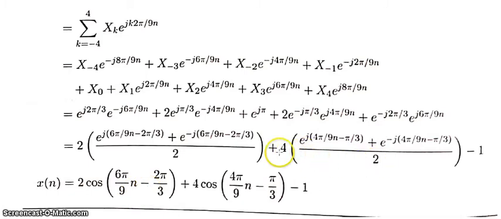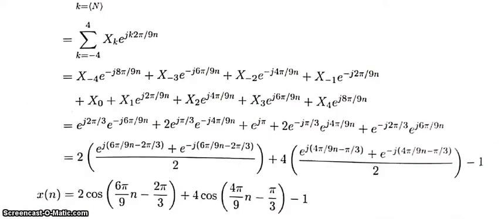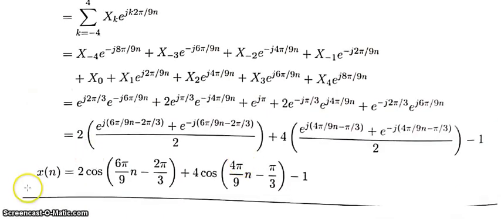Similarly, the next term, 4, is a constant taken outside, and the term within the bracket is grouped as cos of (4 pi n by 9 minus pi by 3), minus 1. Now this is the original time domain signal x of n.